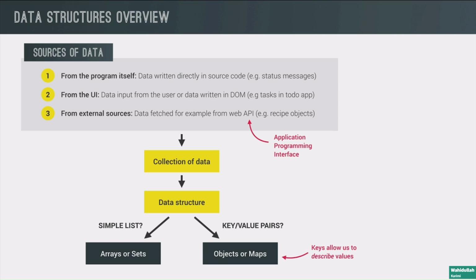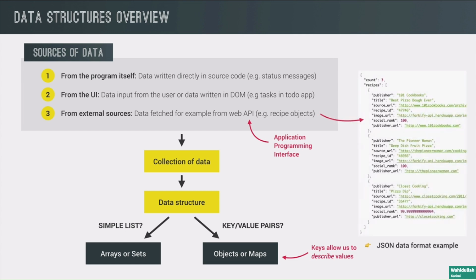So data from web APIs usually comes in a special data format called JSON, which looks like this example here. So JSON is essentially just text, so a long string, but it can easily be converted to JavaScript objects because it uses the same formatting as JavaScript objects and arrays. So here we have 3 objects that describe recipes.